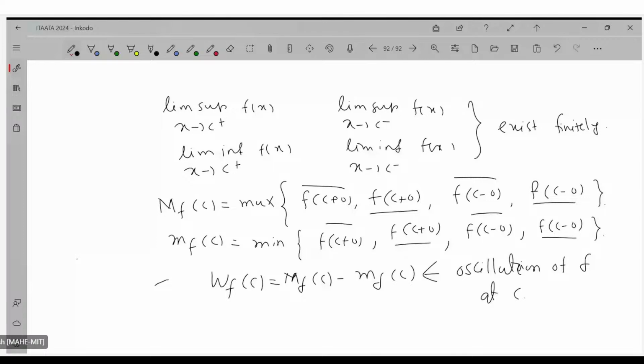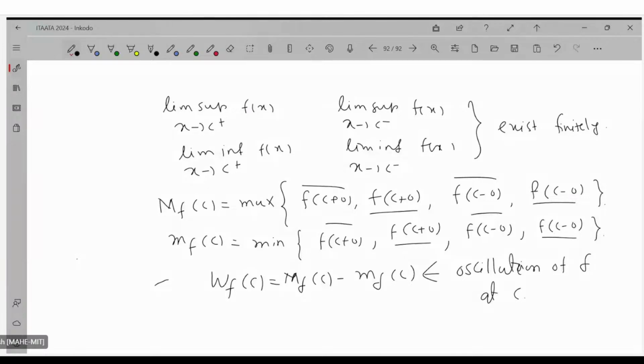At least in the first kind of discontinuity, at least removable discontinuity, this value will be equal to 0. That's how we define the oscillation, in general, for an oscillatory discontinuity.